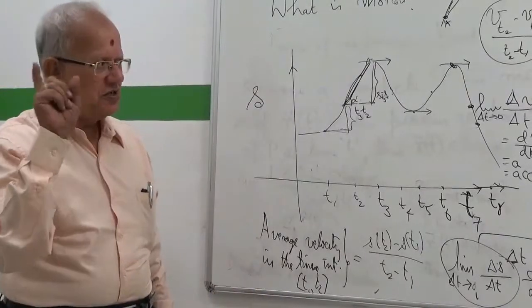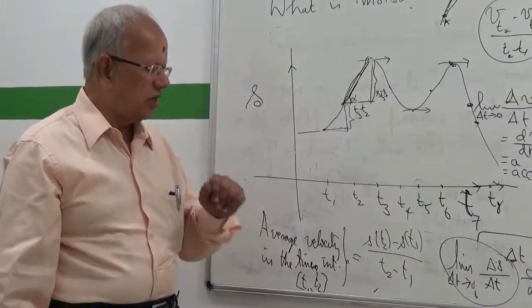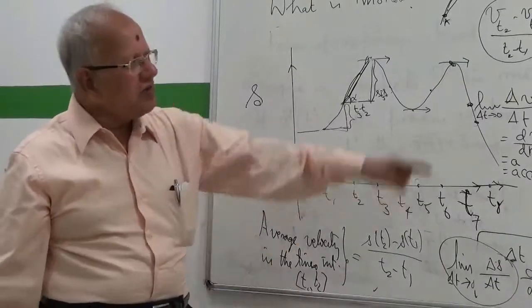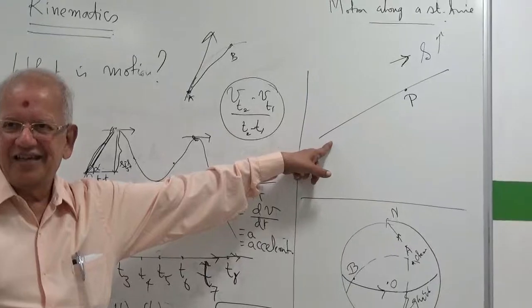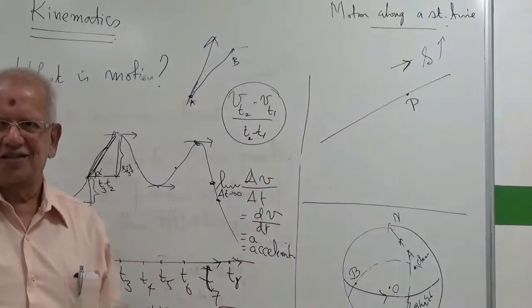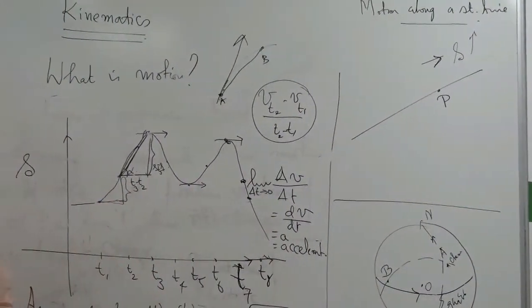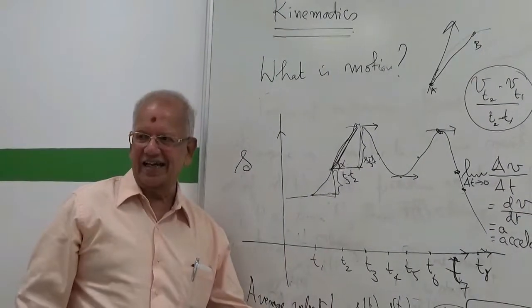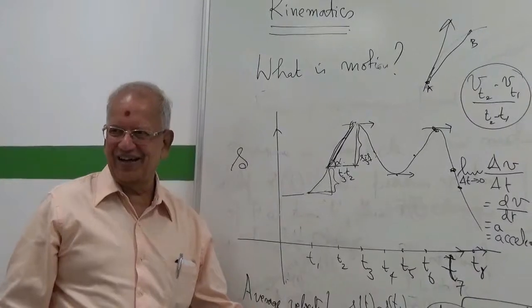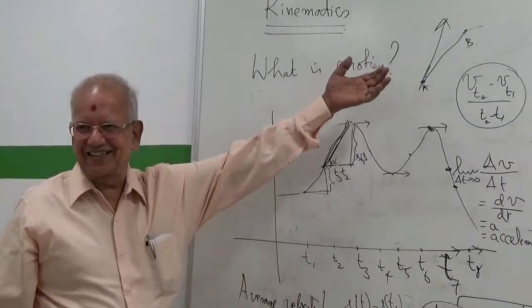And one observation I would like you to make is this: have I marked the origin anywhere here? No. I have not, and I have carried on the discussion. Nowhere have I really used its position, because I am just looking at intervals. So it doesn't matter where that zero is.